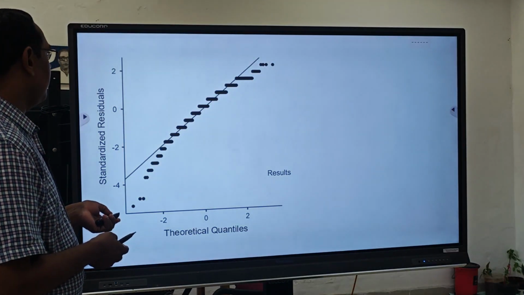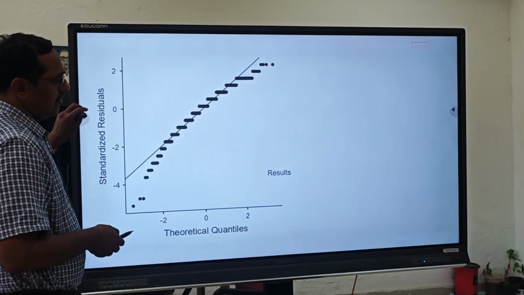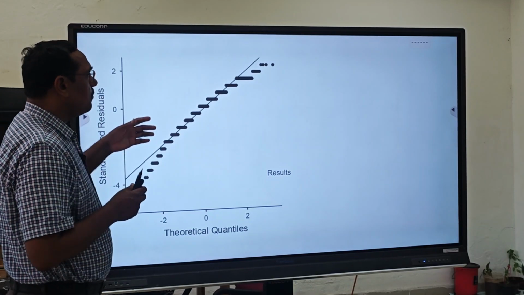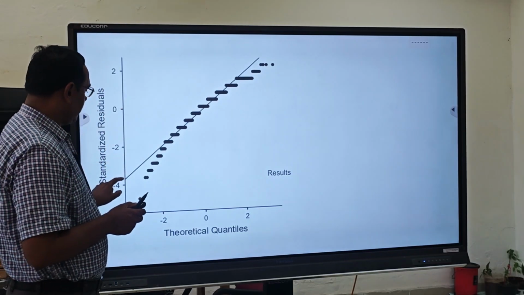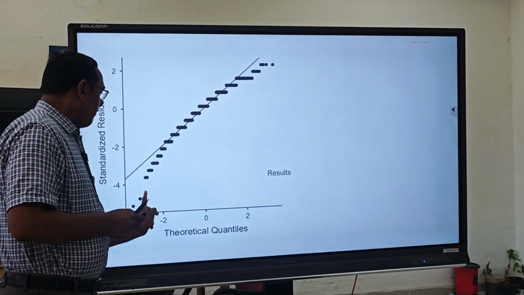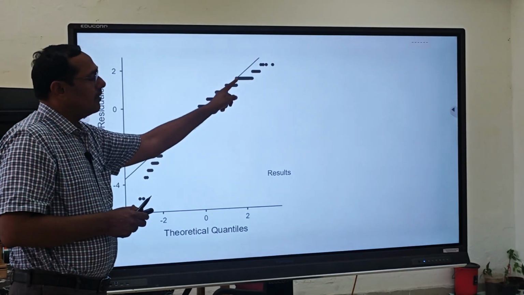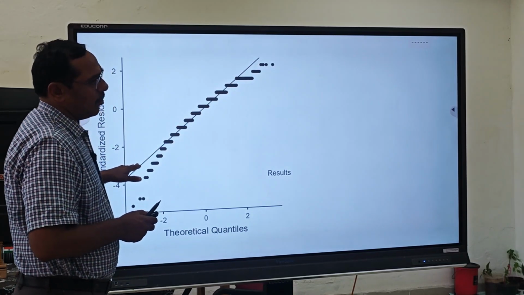Again, the final one is called the QQ plot. Here Q means quantile: one Q is from the data, the other one is theoretical. So this diagonal is the theoretical quantile, and this is our data. If our data goes along the diagonal, then it is normally distributed.